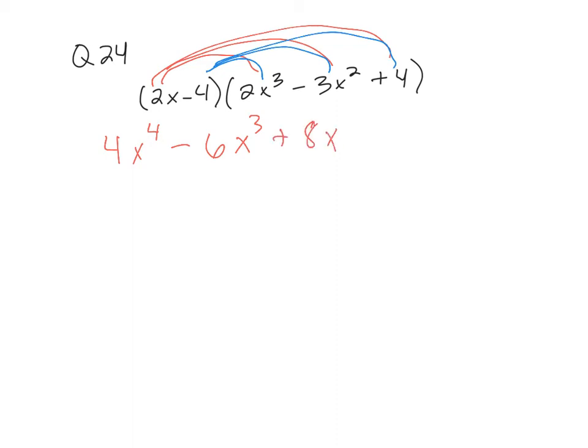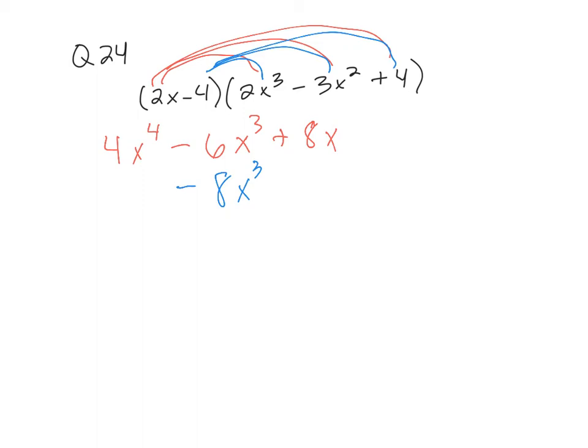Now I'm going to go back and I'm going to multiply everything by the negative 4. Negative 4 times 2x cubed would be minus 8x cubed. I'm going to write it right beneath the other one that had an x cubed.